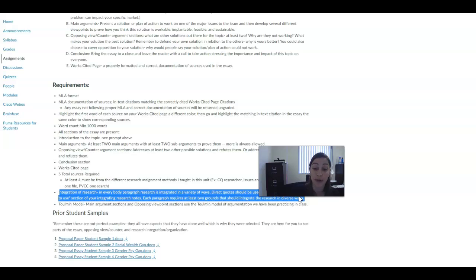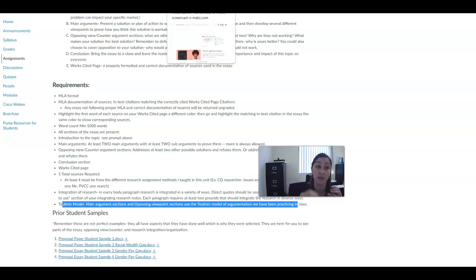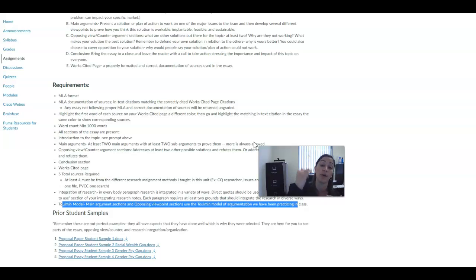If we're overusing direct quotes or we're not using the Toulmin model, that score is going to come back higher, and we want to avoid that. The last thing is then the Toulmin model. We want to make sure that we are using that claim grounds warrant model to structure our arguments. This will also stop the research from overtaking our writing because the research is only in that grounds section. It's not in our claim or warrant.